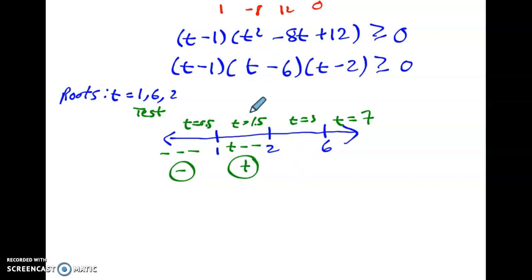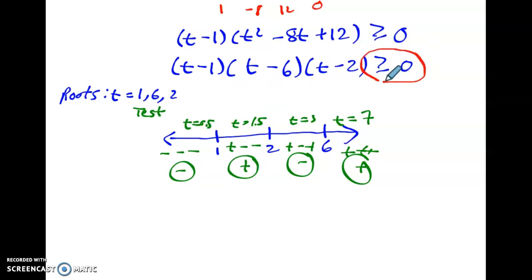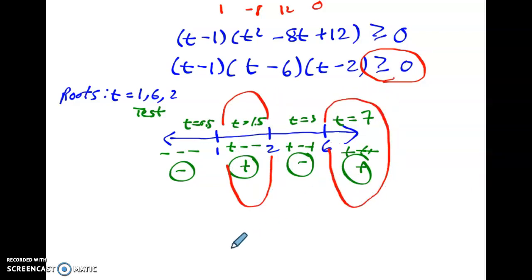So I would have a positive answer. Plugging in a 3, I would get positive, negative, positive. So I'd get a negative answer. And then plugging in a 7, I would get all 3 being positive. Okay. And because we want the answer to be greater than 0, we're going to take the 2 positive regions.